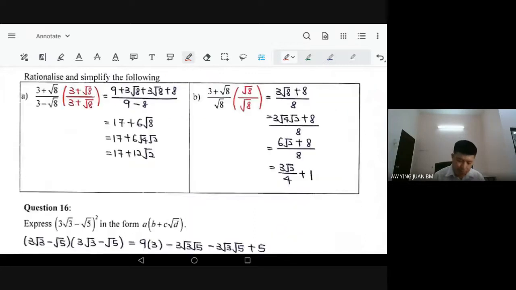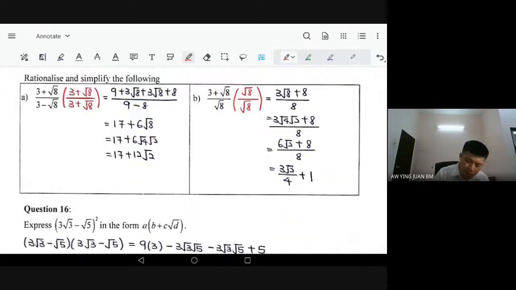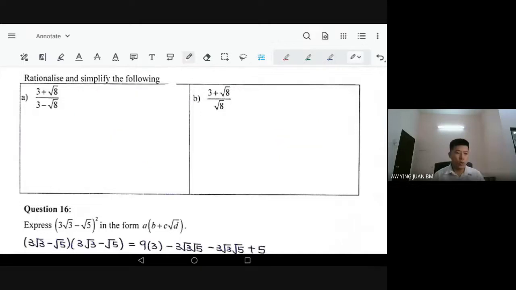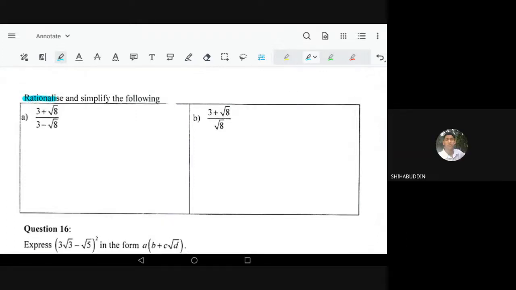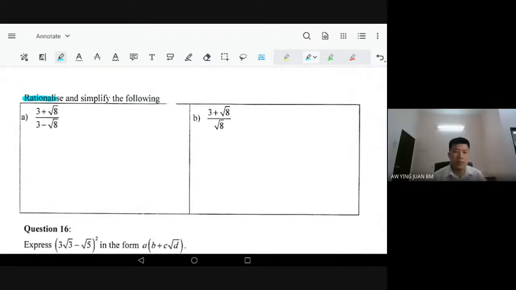Second part, saya nak terang tentang conjugate. Refers to the questions. Question said, rationalize. Pernah dengar perkataan ini tak? Pagi tadi, rational number, right? Rational numbers.